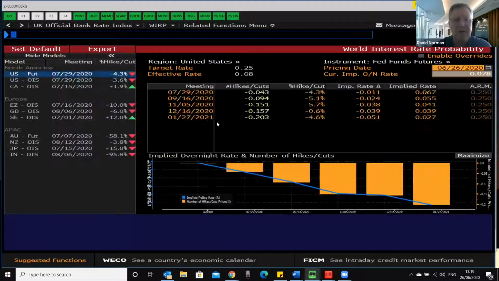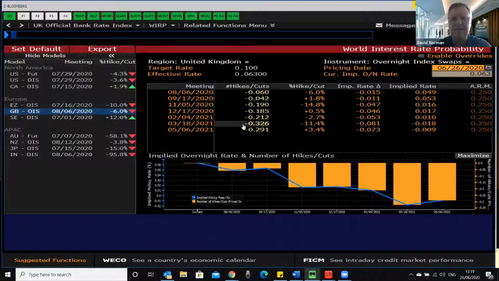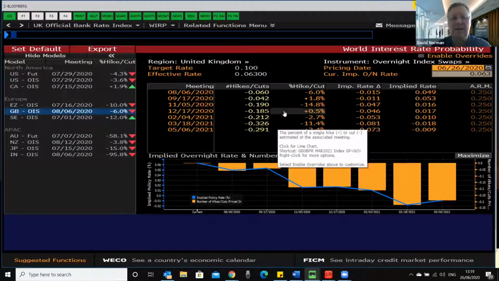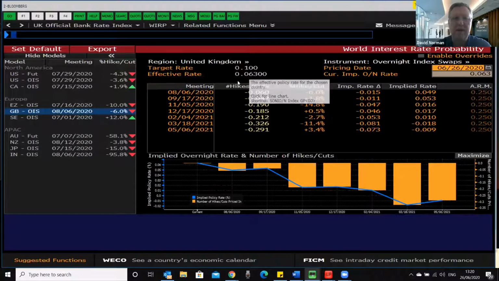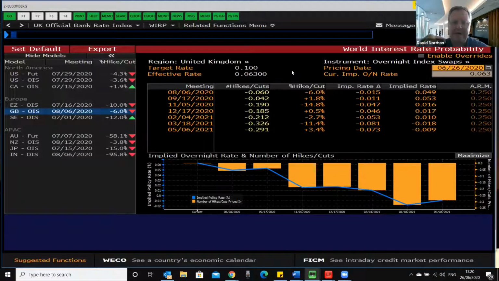So the world interest rate probability page gives us indications of the likelihood of an increase or a decrease in the next monetary meeting. So if I go to GB, it's telling me that the current level of rates is 0.1. This is giving an effective rate of 0.06. So interest rates in the UK are very nearly negative.